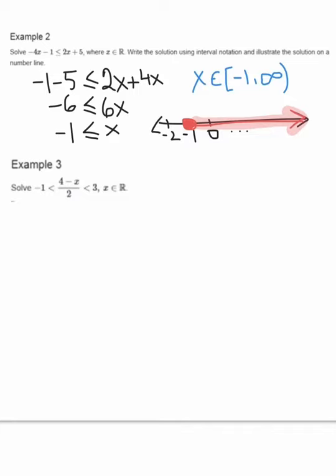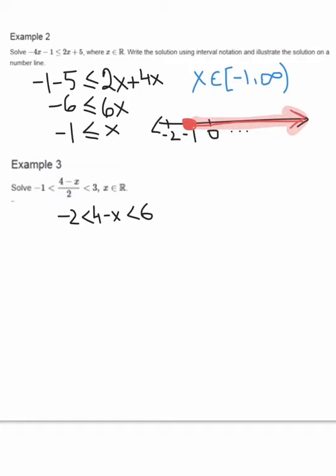To get rid of that fraction, we're going to multiply each term by 2. Remember, with a double inequality, whatever you do on one side, you have to do on all three sides. So we multiply everything by 2 and get -2 < 4 - x < 6. Then we want to move the 4 over.